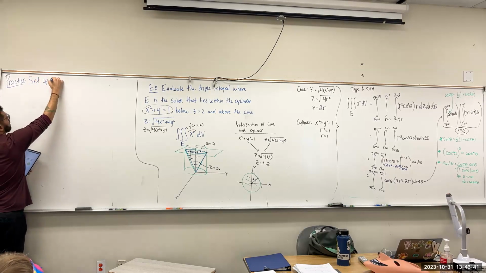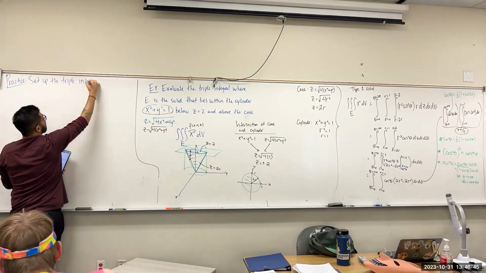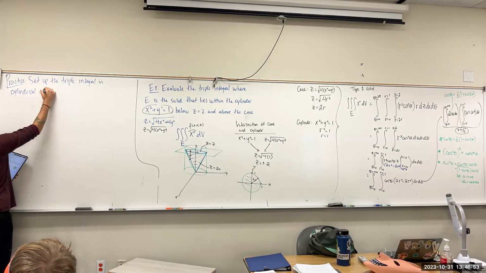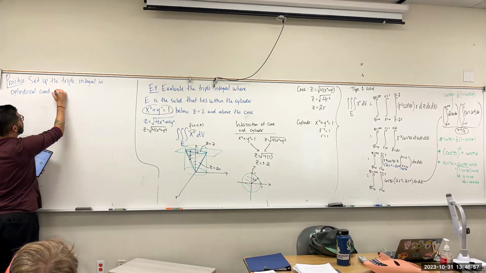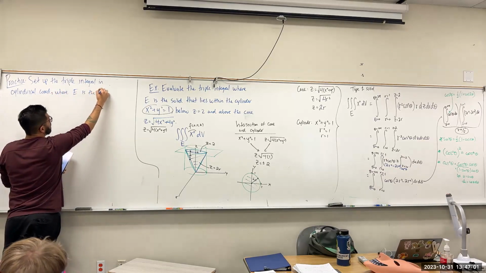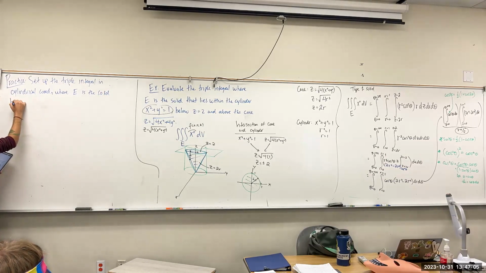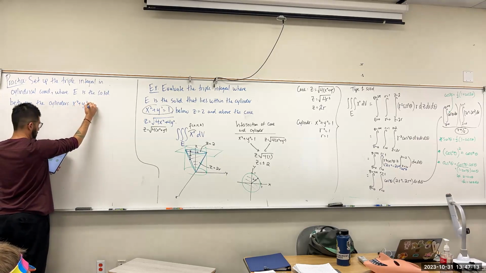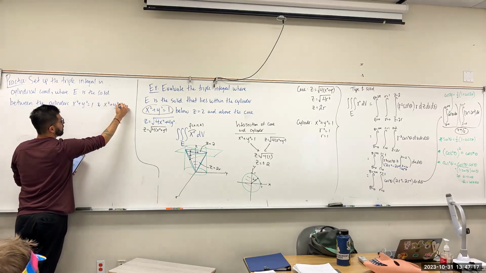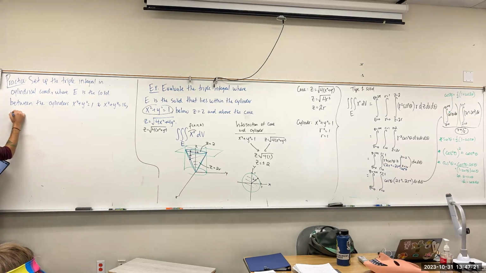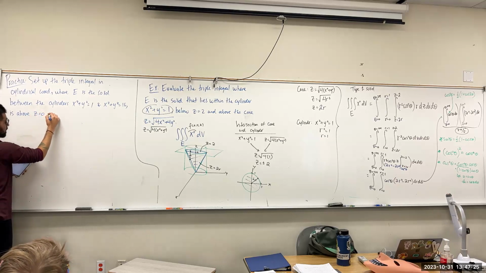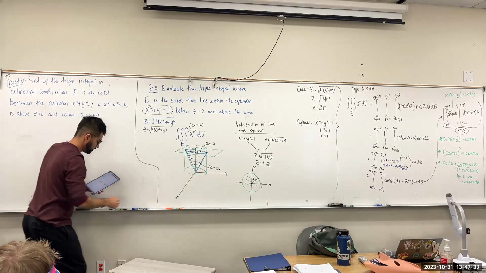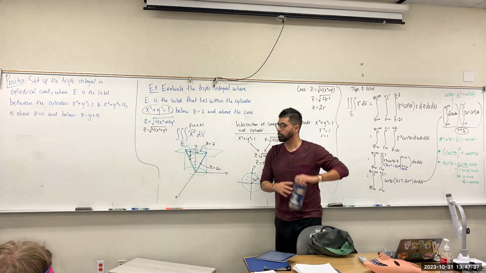So set up the triple integral in cylindrical coordinates, where E is the solid between the cylinders x squared plus y squared equals 1 and x squared plus y squared equals 16, above z equals 0, and below z equals y plus 4. So just set it up.